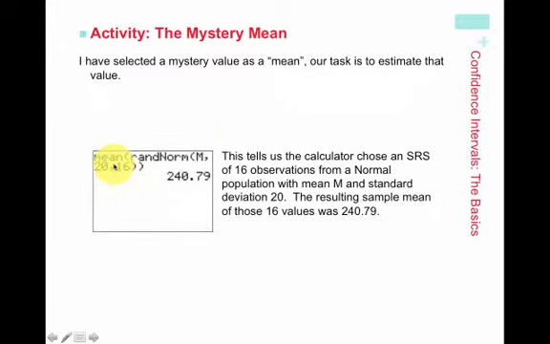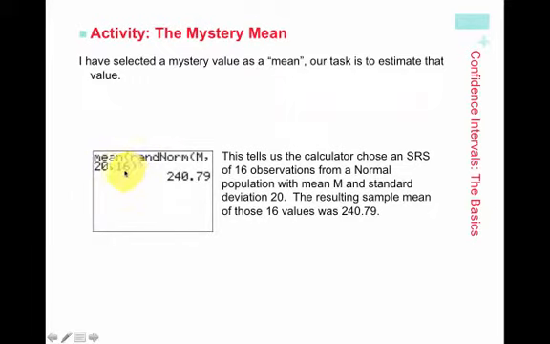And using a calculator, I can take a simple random sample of 16 observations from a normal population, that's randNorm, with a mean of mu, that's my parameter, standard deviation of 20, sample size of 16.